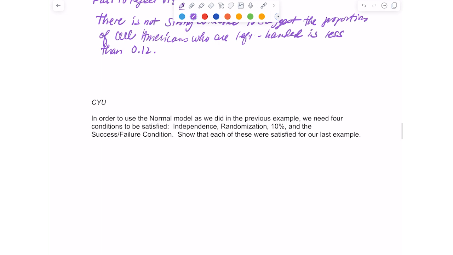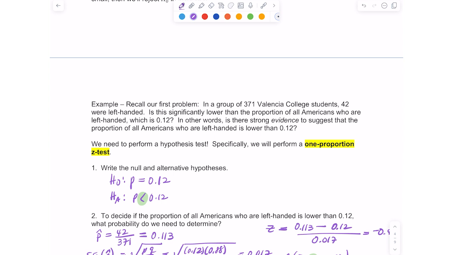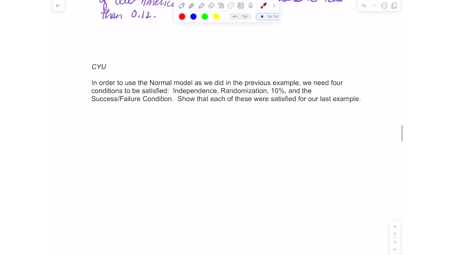So in the last example, if we go back and look at randomization, it does say a group of 371 Valencia College students, it doesn't say that they were random. So we need to ask ourselves, are those 371 students representative of all students? And we would go with yes. That's a large enough sample to say that there's a variety of different students that could represent the population, because ultimately we want our sample to do a good job of representing the population.